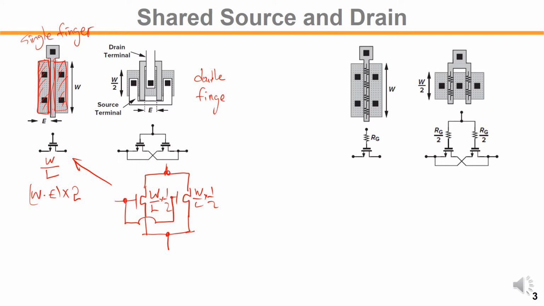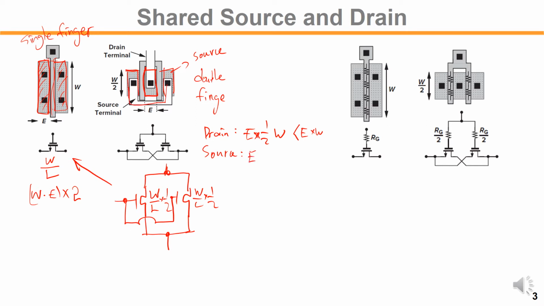If your size is quite large, then you can split that width into as many small pieces as you want. So overall diffusion here, so for example, if the drain is like this, the drain area will be E times half W. But in the previous case, the drain area was E times W. For the source, if this is the source, it is connected through the metal wire.